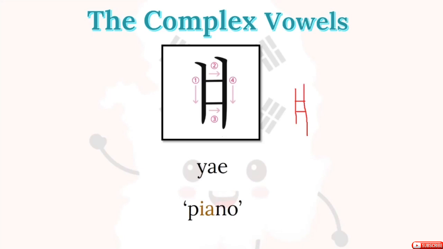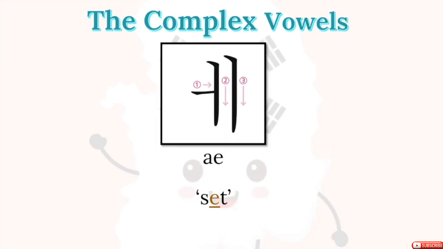It's a little slanted, but it should be straightforward. 1, 2, 3, and 4. Just like that. Okay, and this is called yeah. Okay, next one. This is eh.